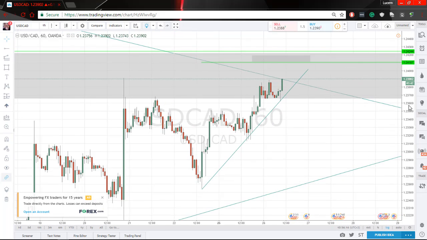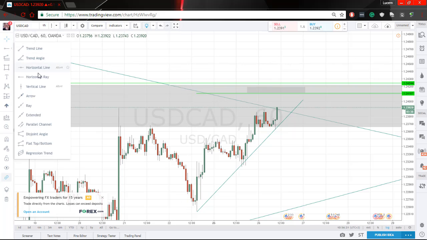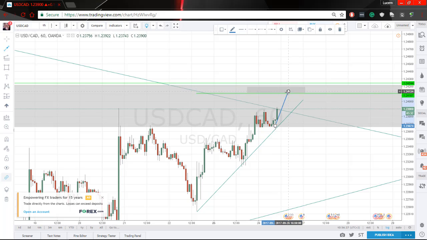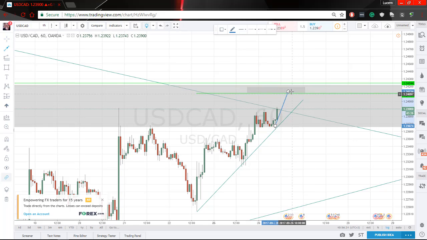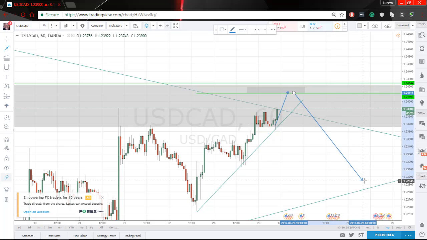So the point is, this market, let's just put some arrows. This market comes from here, goes up to this point, and then after that we'll have the market going down. I'm not sure about that. Expect the market to go down to this area.